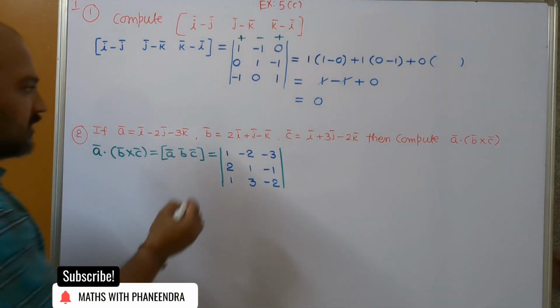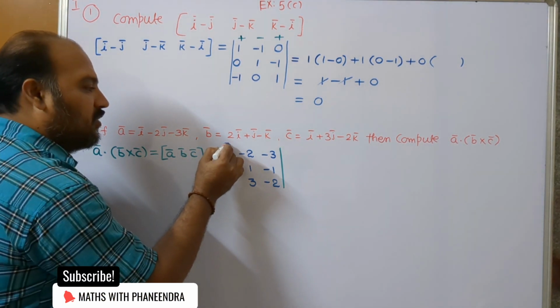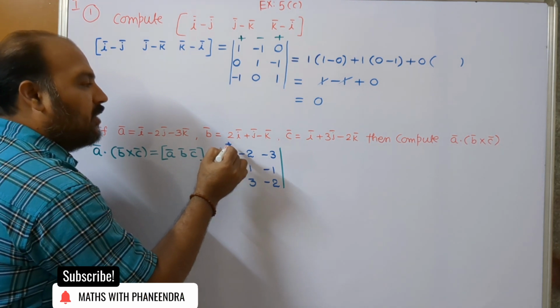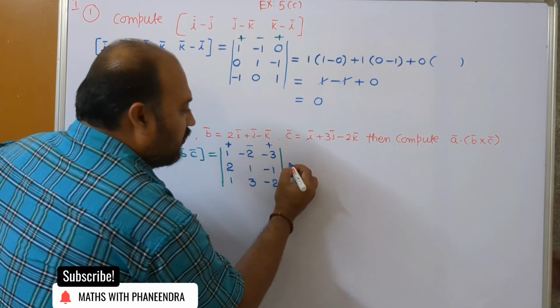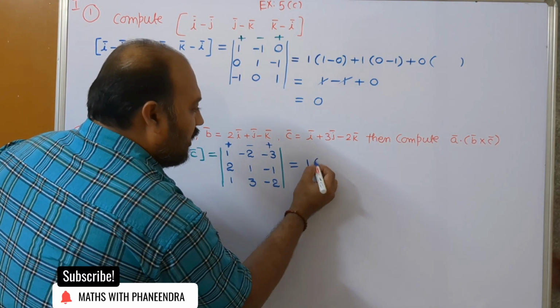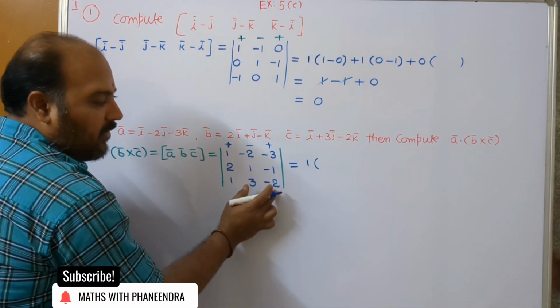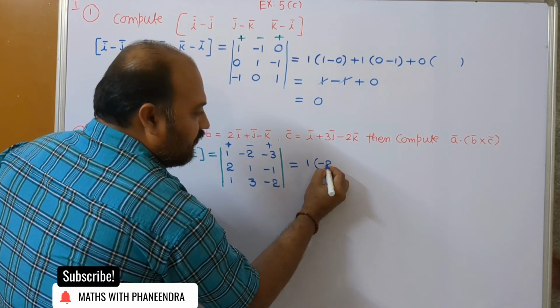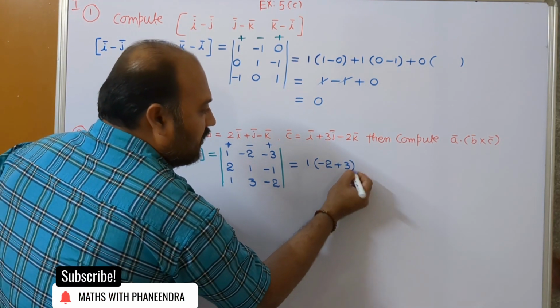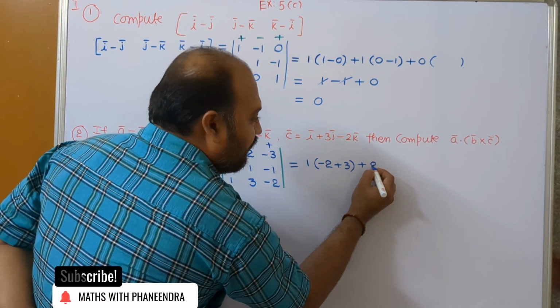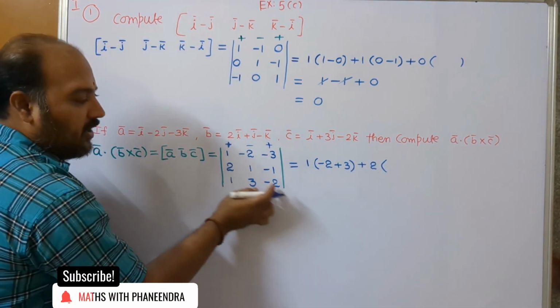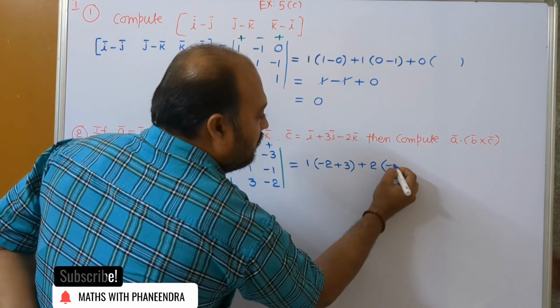After that we need to do the procedure of 3 by 3 determinant, plus, minus, plus, which is equal to 1 into (minus 2 plus 3), minus into (minus 2 plus 2) into (minus 4 plus 1).